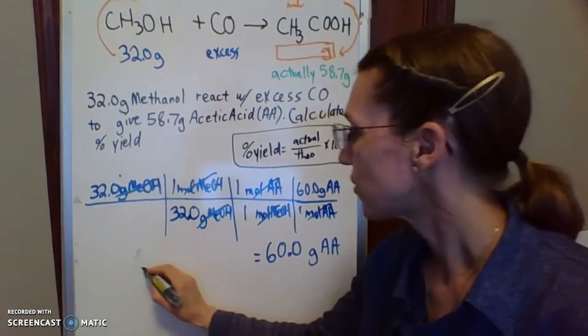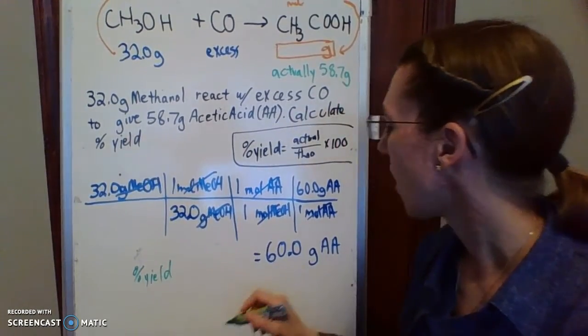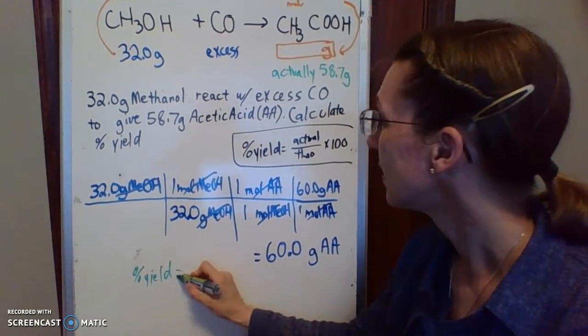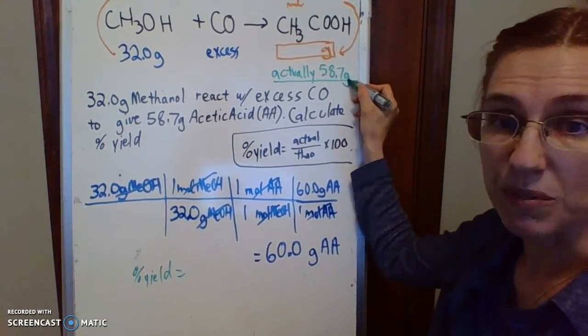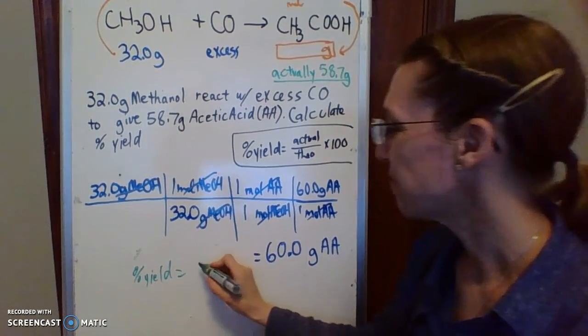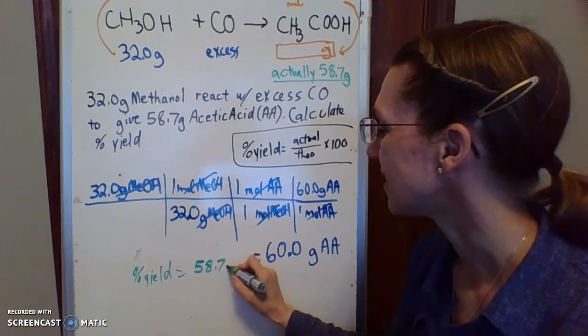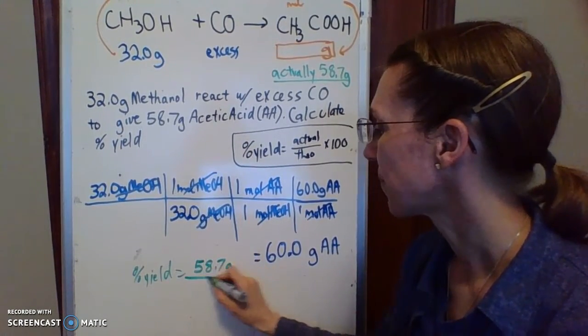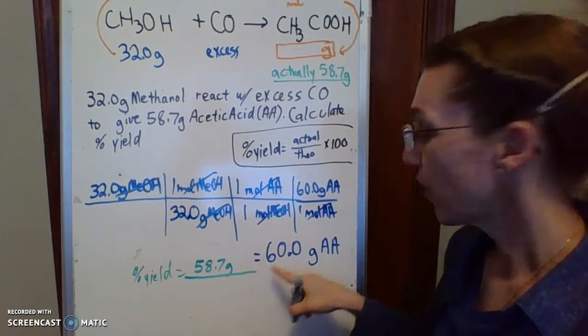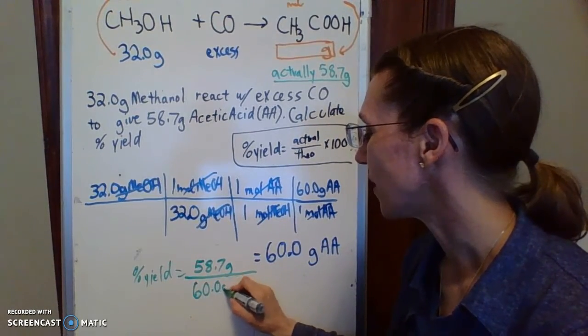So percent yield is our actual, which is the number that they gave us. They went in the laboratory and actually weighed out that this is how much acetic acid they got, this many grams. And we're going to put it over theoretical, which is what we calculated, 60.0 grams.